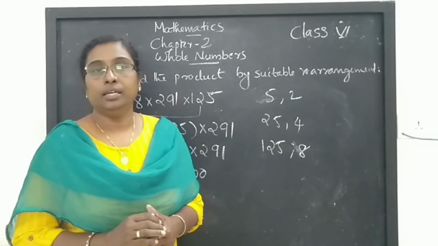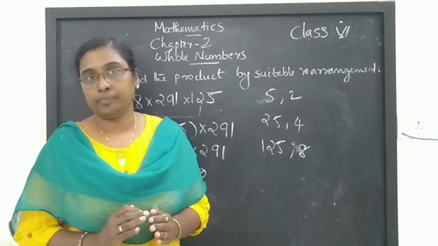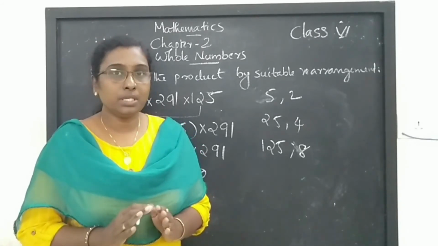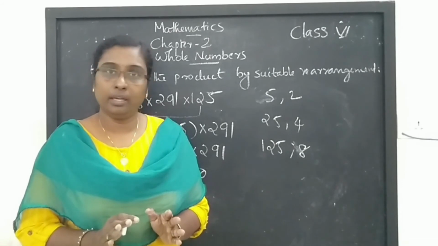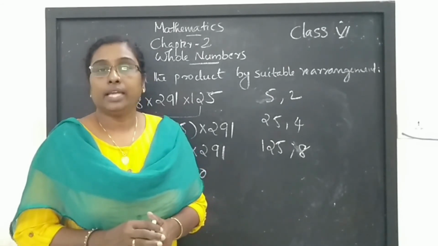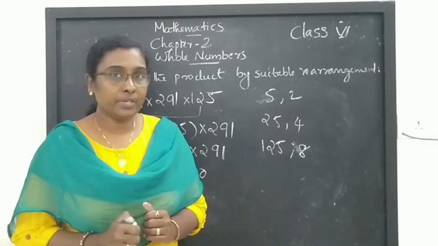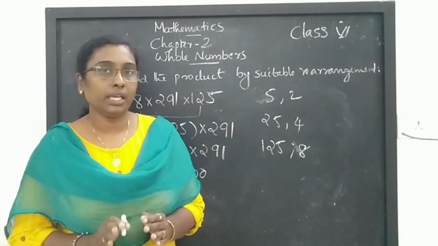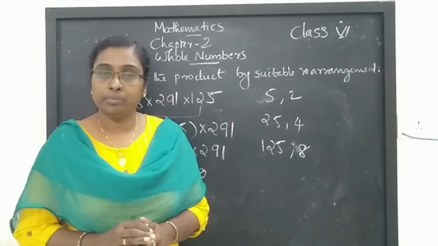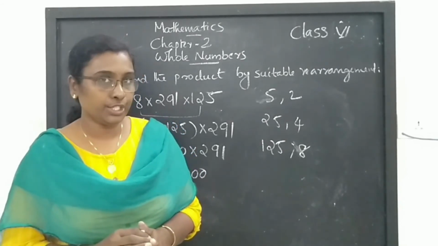For addition, any three whole numbers can be grouped in any order. For subtraction, any three whole numbers cannot be regrouped in any order. For multiplication, any three whole numbers can be grouped in any order. For division, we cannot group any three whole numbers in any order. So we can say that the whole numbers are associative under addition and multiplication only.